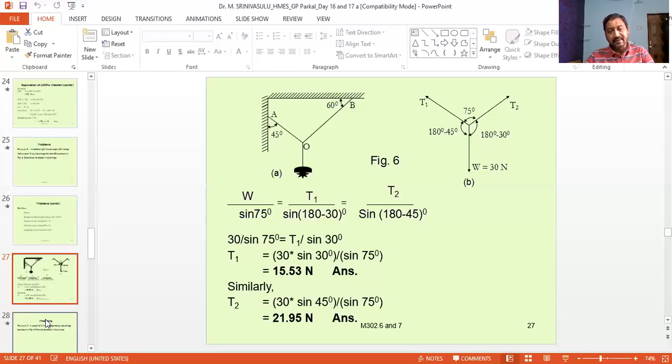T1 is to the leftward, the tension in the string OA, and T2 is acting rightward, that is the tension in the string OB.